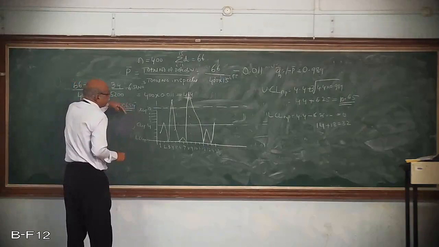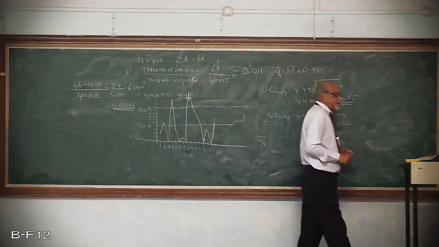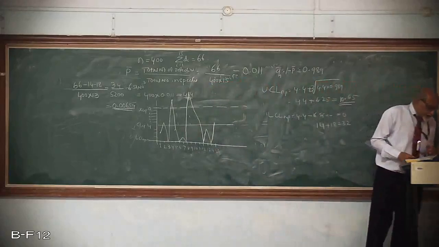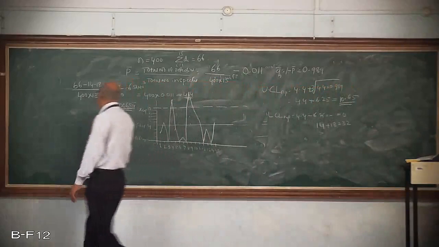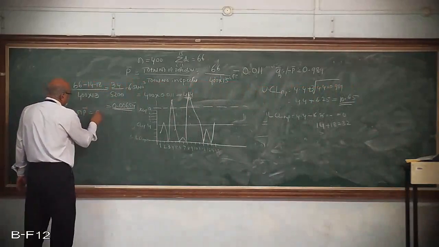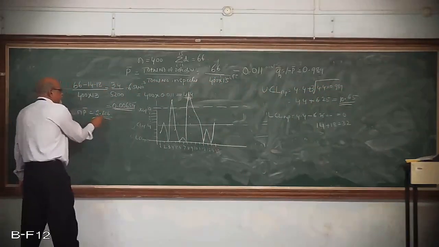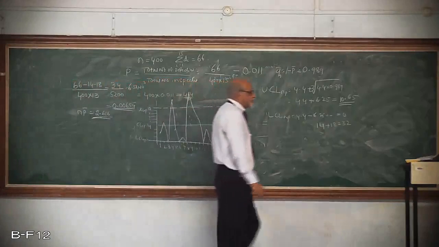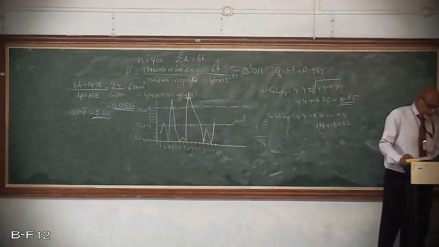Okay. Based on this P bar, I need to find out the upper control limit and the lower control limit. Again, the control limits, if I substitute these values, NP bar works out to be how much? If I multiply this, NP bar is 2.616.